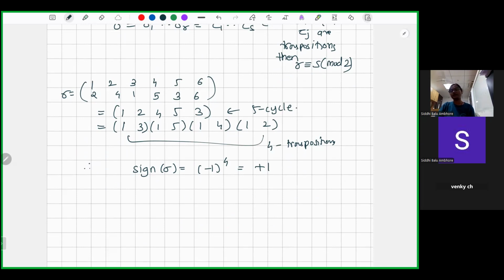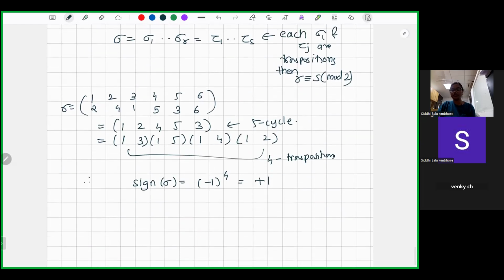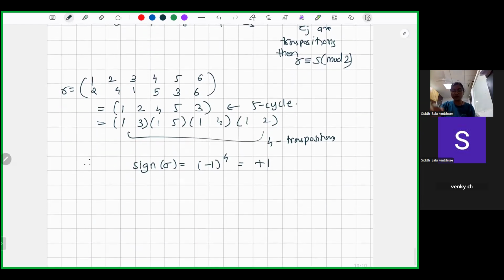That's why the sign of a transposition is -1, from the convention we are following. Any doubts here? Like how we are calculating the sign and everything?